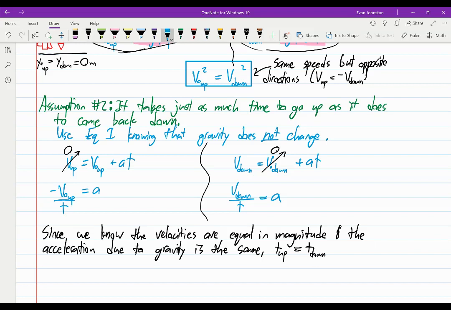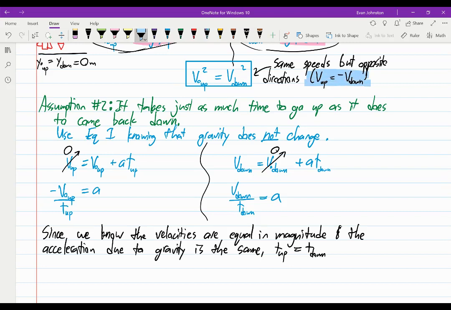And I should have put some subscripts here. Really, this should be t up and t up, and this should be t down and t down. So really, all I'm saying is that we know this thing right here.